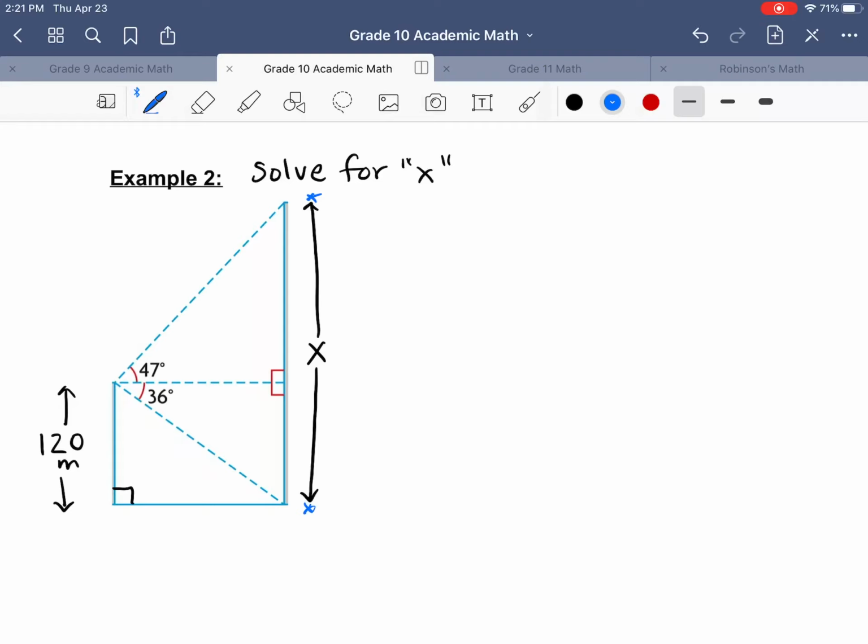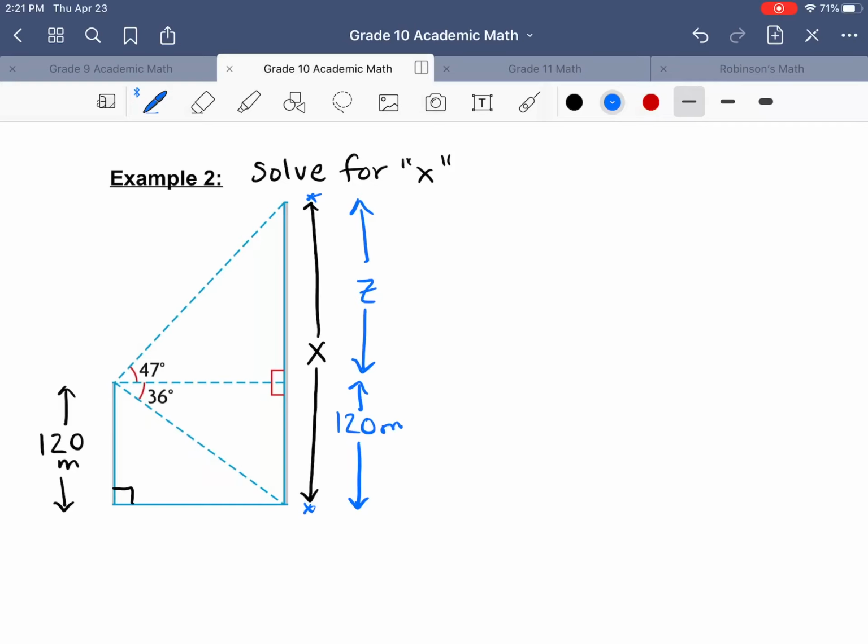But part of that x is going to include 120 meters, and that information comes from the other side of our rectangle. So we need to solve for this other component up here, and I'm going to call it z. If we find z, we can add it to 120 and get x.